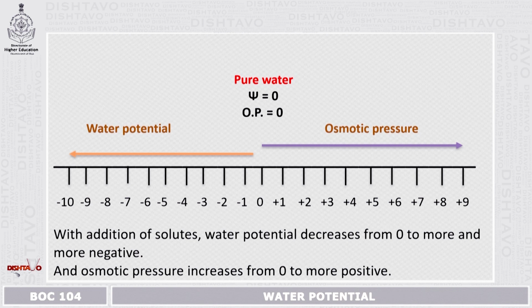Then what will happen to the osmotic pressure? Because of the addition of the solutes, osmotic pressure will start increasing. So, in the case of water potential, it will go from 0 to negative, more and more negative. And in the case of osmotic pressure, it will start increasing from 0 to more and more positive.